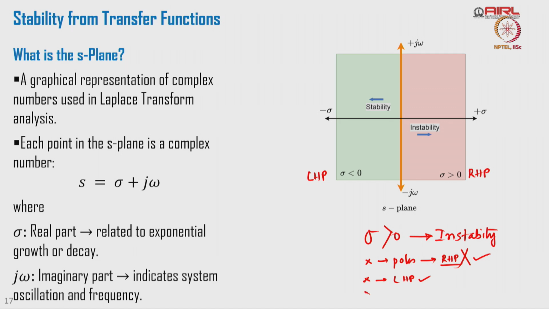But what happens if the pole is on the imaginary axis, something like this? It is called a marginal stability scenario or sustained oscillation scenario. That is not unstable, but from the stability point of view, that is also not desirable in many systems. As I was telling in the altitude hold problem, when the drone is coming up and taking a height h, it should maintain this height.